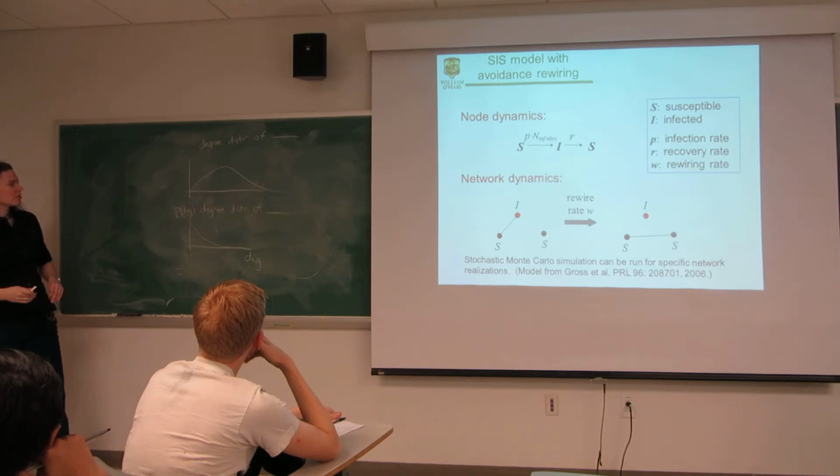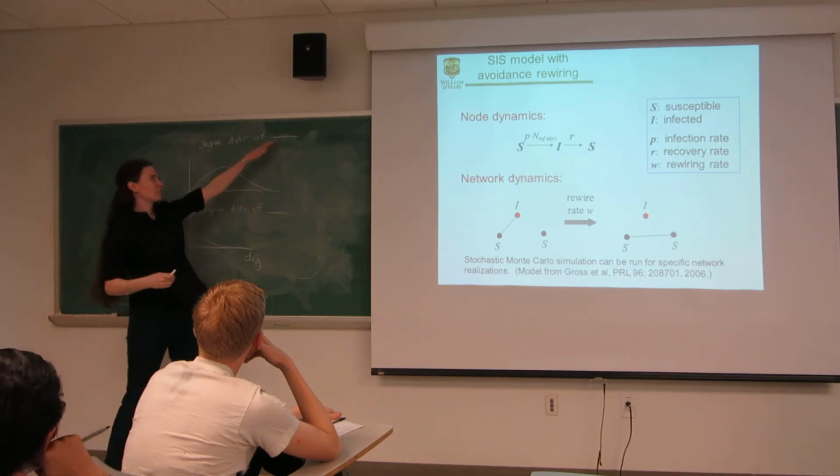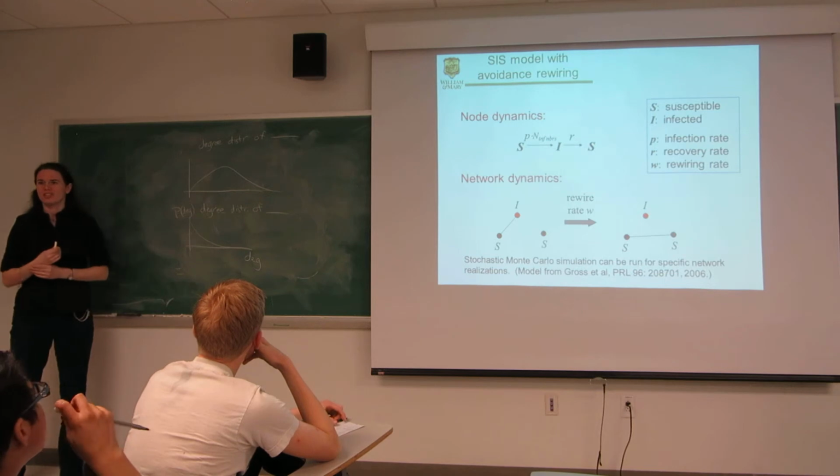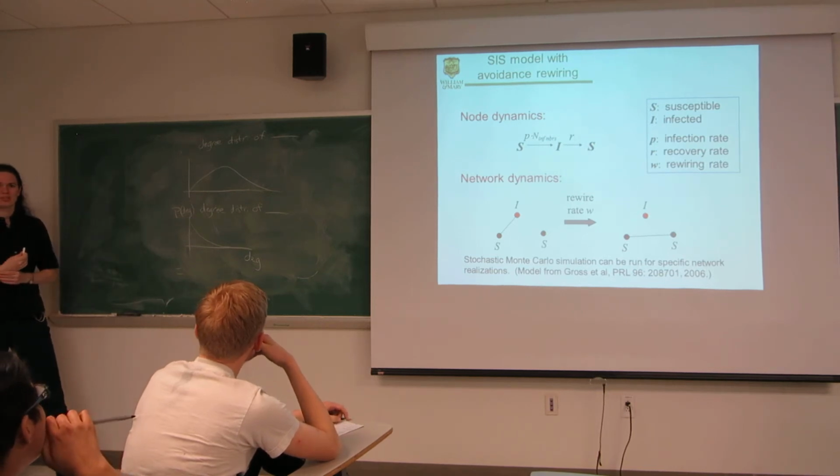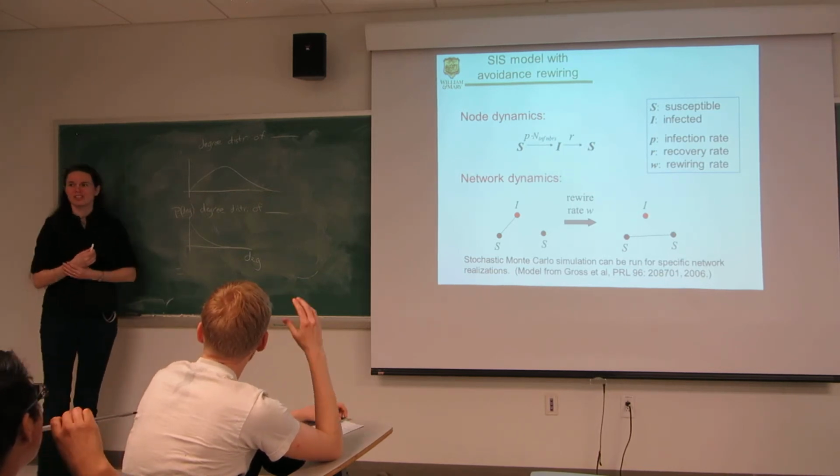I need to write susceptibles in one of these blanks and infectives in the other blank. Which do you think is the susceptible degree distribution? Top one, bottom one.